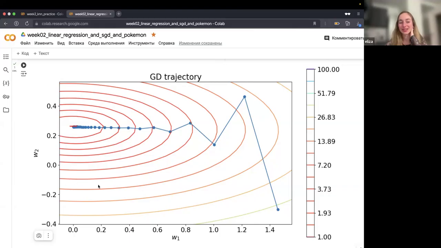Equipotential lines are these lines, and in our case they are ellipses, and our gradient vector is orthogonal to our ellipse. This ellipse means that our function is constant on this ellipse, and the gradient vector is orthogonal to these lines.